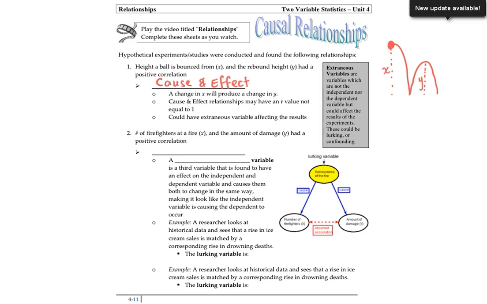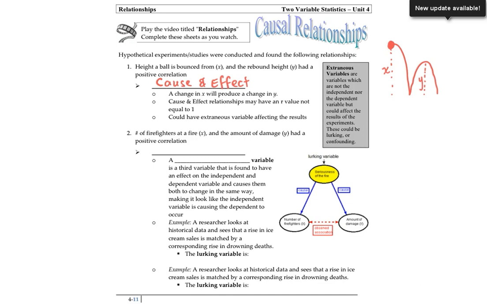It could be something like weather conditions. If it's windy, you may not get a perfect correlation because the wind might be affecting the bounce of the ball, or if the ground is wet or something like that, or if there's a problem with the ball.